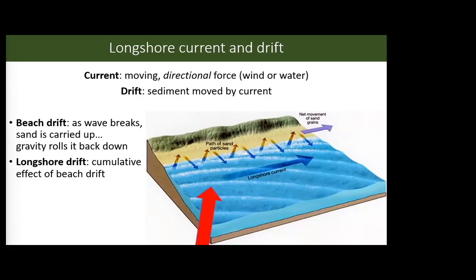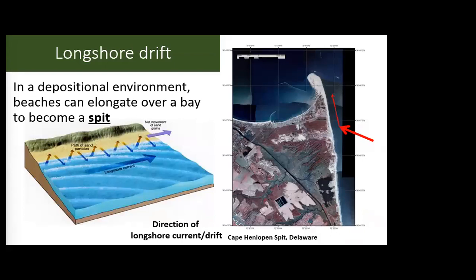So that's going to end up giving us some interesting geomorphic features that we talked about, like spits, barrier islands. So based on where the sediment is accumulating, we'll be able to tell the direction of the longshore current. The sediment accumulates in proportion to the directional component of the longshore current.